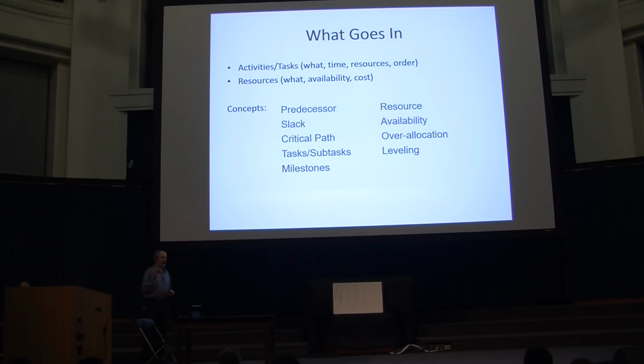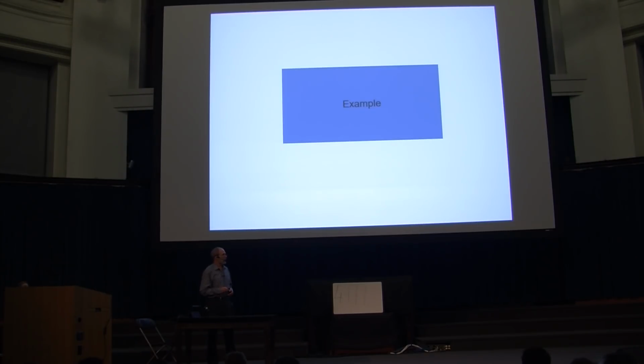I'm not just going to show you how to use this tool, but some of the aspects of the tool that tend to be common to these kinds of pieces of software. One of the big things here is leveling, and we'll go over that, and resource allocations and so on. All right, so let's go to an example here.